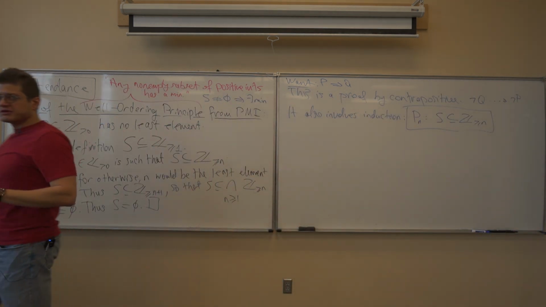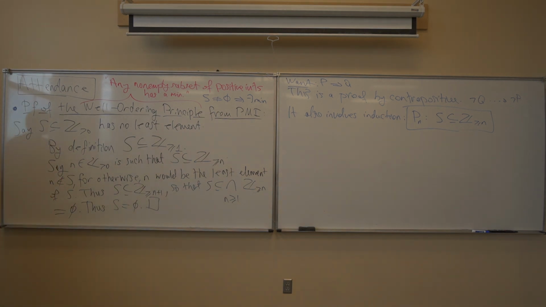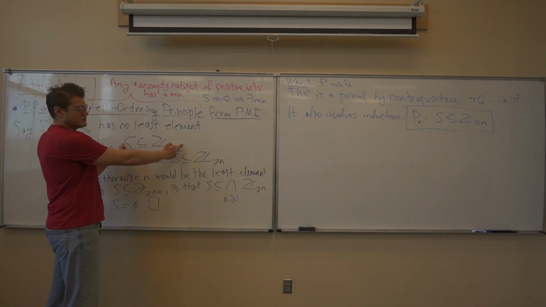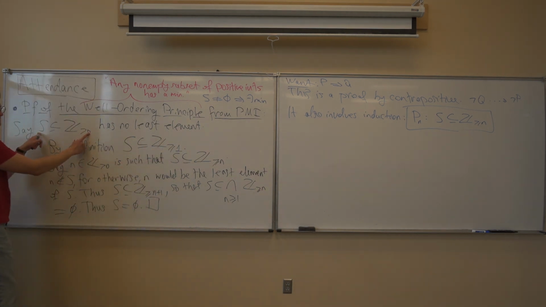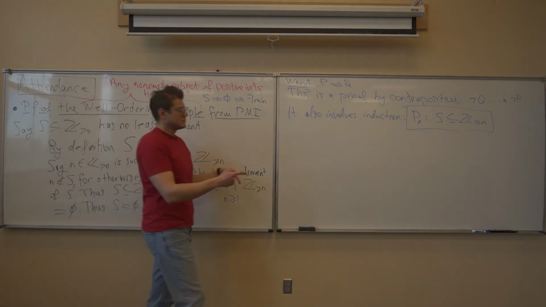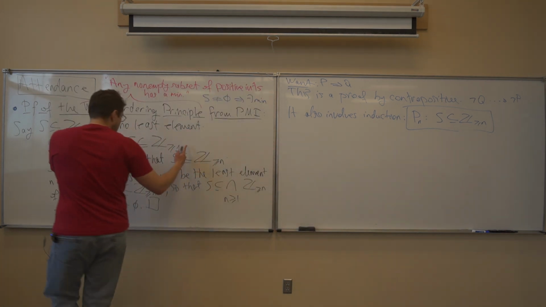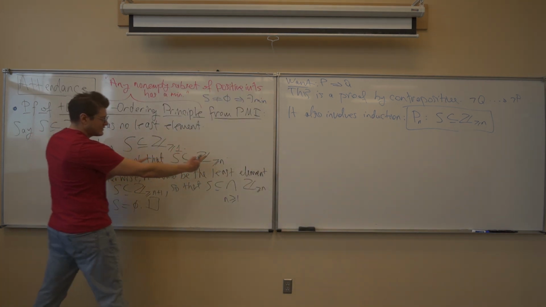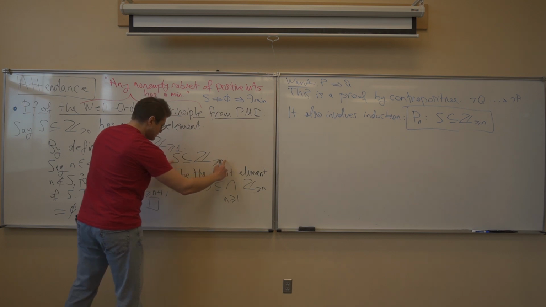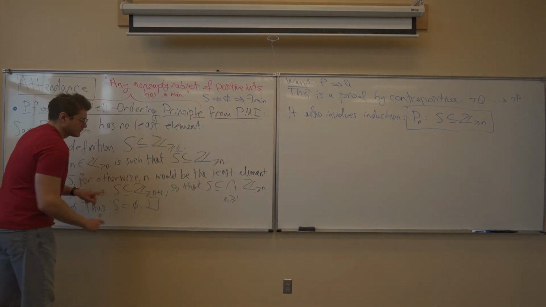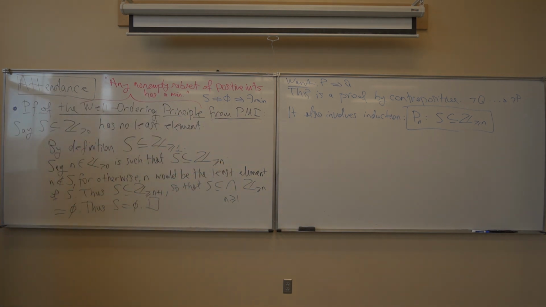Are we all okay with this? So you see I'm saying, P sub 1 is obvious, like I said, because we just assume it. And then what did we do here? We did the base step, and then I assumed P sub n, and I showed that P sub n plus 1 is also true. Okay?